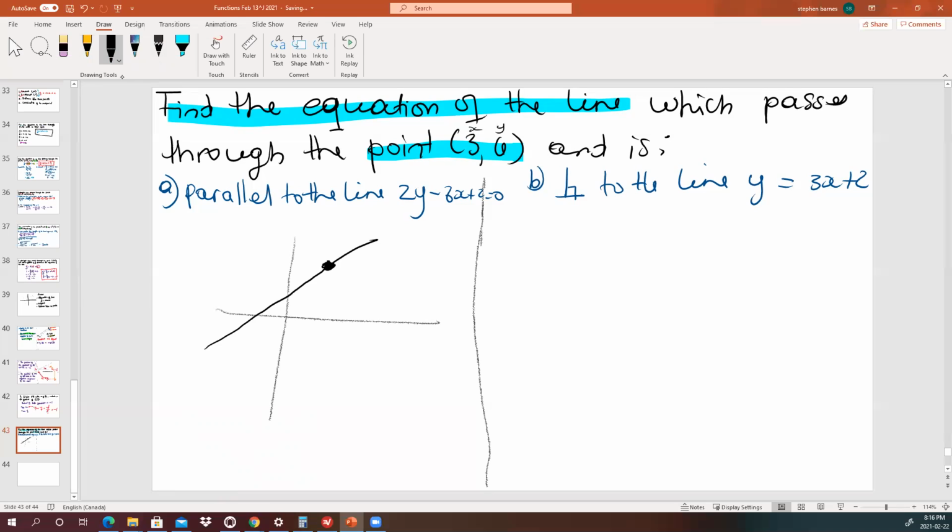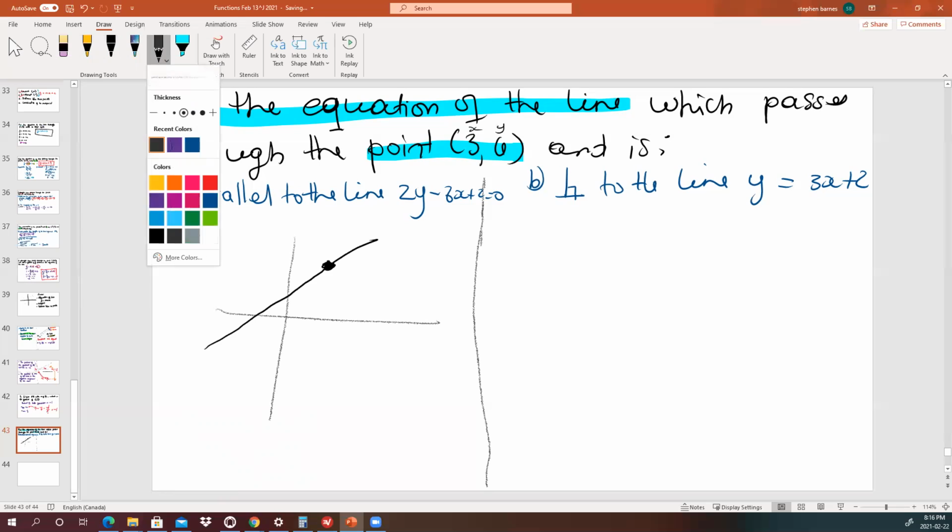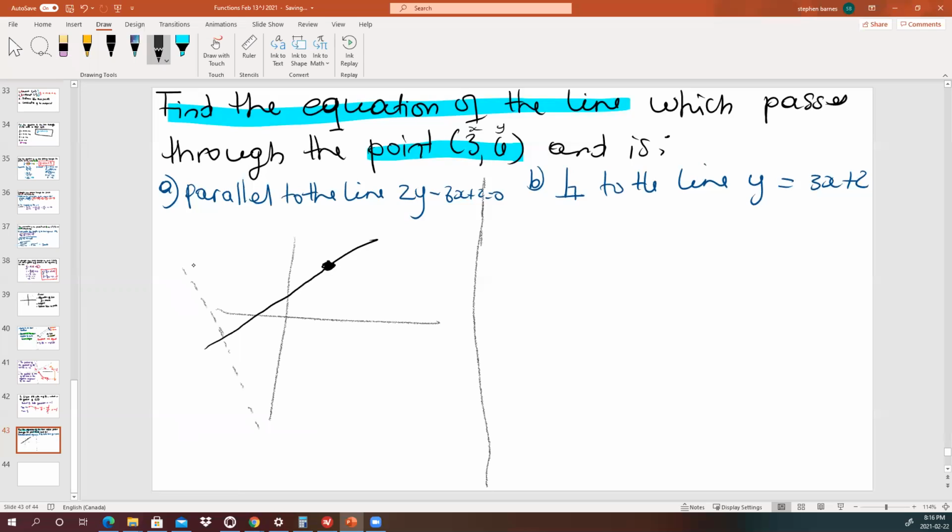But this time, my line that passes through (3, 6) is perpendicular to another line. I'm going to draw that imaginary line that it is perpendicular to, in broken line. And the equation of that perpendicular line is y equals 3x plus 2.